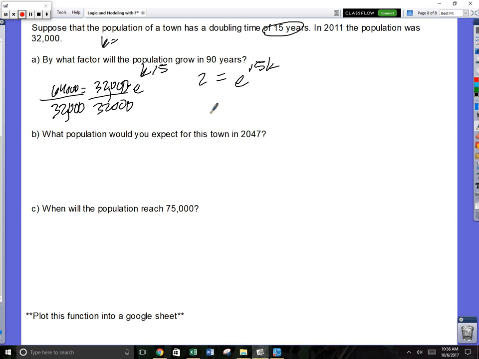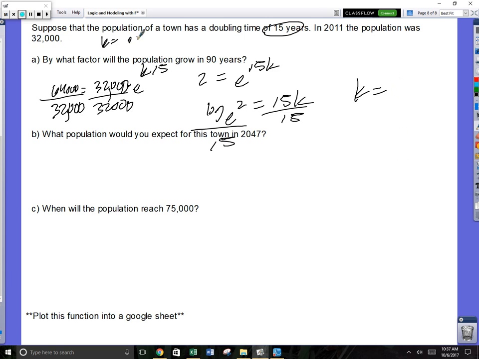Now I take the log base e of 2, and that equals 15k. Divide that answer by 15, and we just found k. So natural log of 2 divided by 15 is our k.